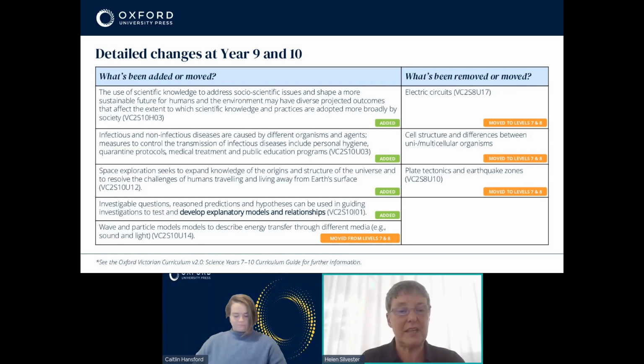And if you look at the elaborations, it's really important to understand you need to talk not just about a model, but the limitations of a model as well. So have a look at the elaborations of that one. The wave and particle models, so light and sound, have come into there, which is now in Year 9 and 10.